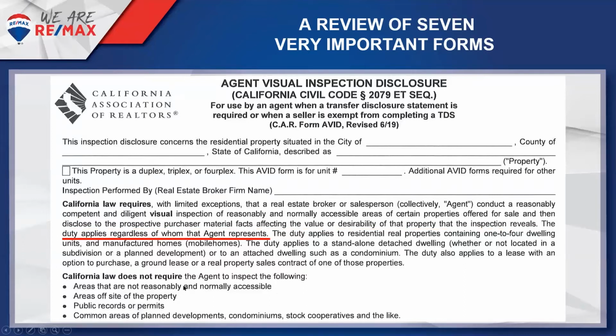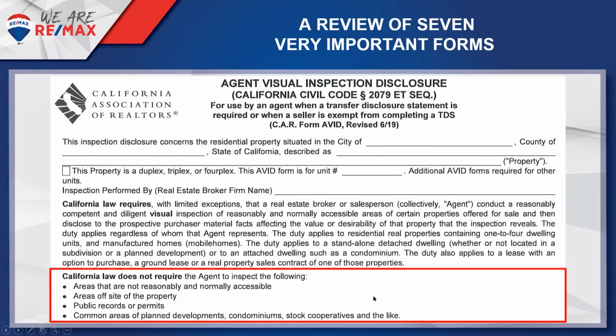And it applies to either agent. It doesn't matter who the agent represents. In other words, both agents must do a visual inspection. And for residential properties containing 1 to 4 units and manufactured homes, civil code requires a visual inspection.